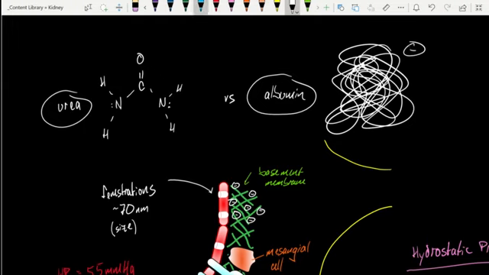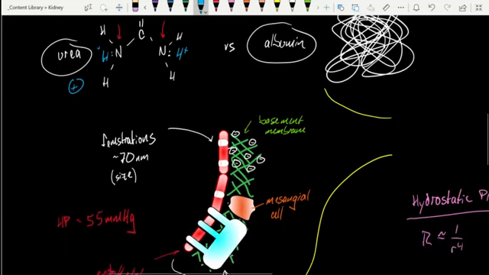But let's look at urea in contrast. Because these nitrogens can act as organic bases, they can actually pick up an H plus here, an H plus here, and this gives urea a strong formal positive charge. So as urea comes into the blood, number one, it's small.